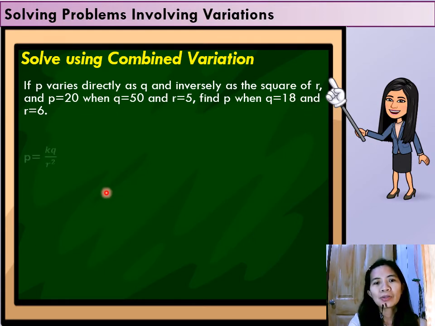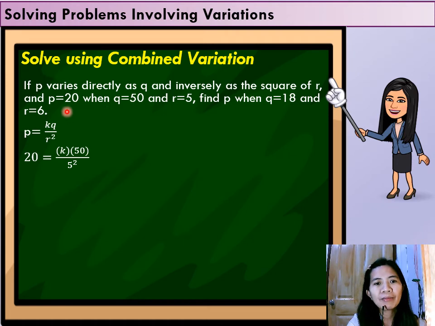Okay, so we have our equation. P is equal to K times Q all over R squared. Okay, so this is how we write the mathematical statement into an equation. P varies directly as Q and inversely as the square of R. Now, we have here the given.